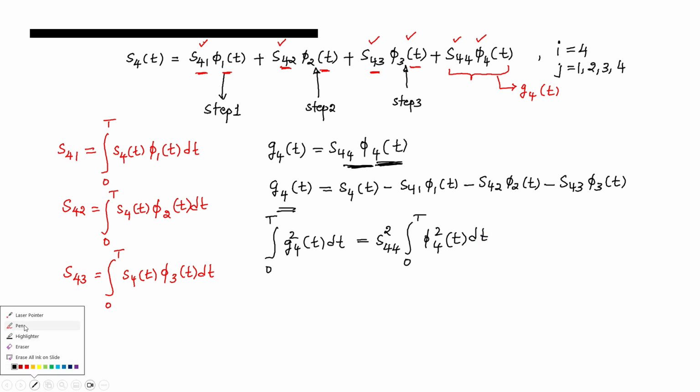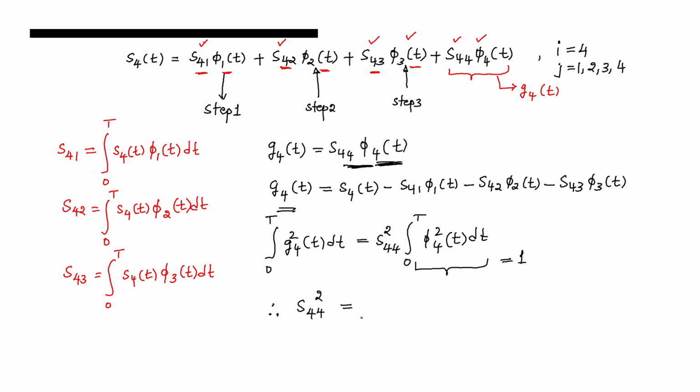Therefore, this yields 1. Therefore, I can write S44 square as the integral from 0 to T of g4 square t dt. On taking the square root, S44, the real vector value, is given by the square root of the integral from 0 to T of g4 square t dt.